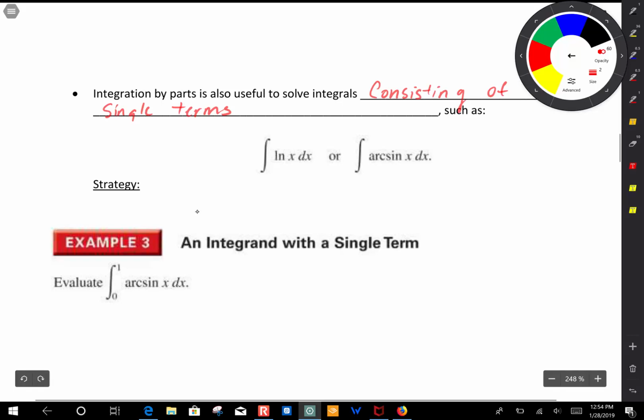These are single terms. They only have one term, natural log of x, or the integral of arc sine x. So what's the strategy? The strategy is to let dv equal dx. That's the strategy. Let dv equal dx. Okay?